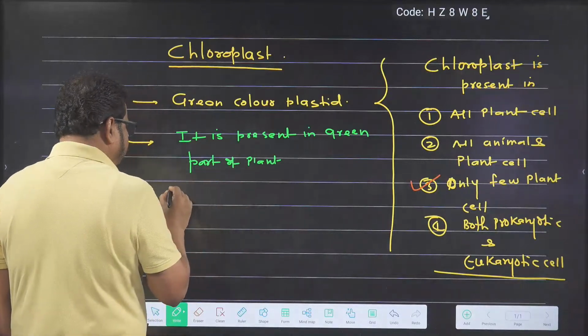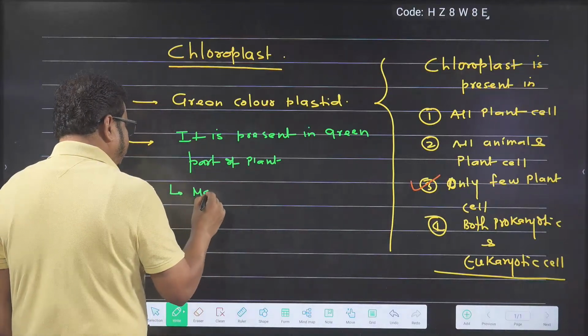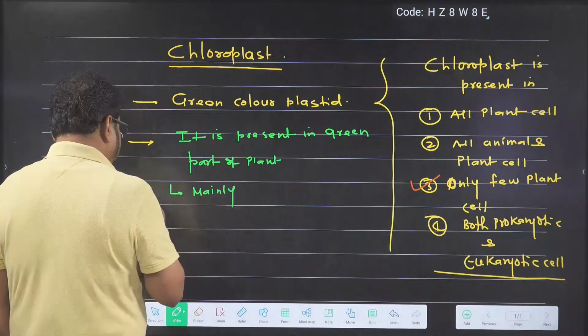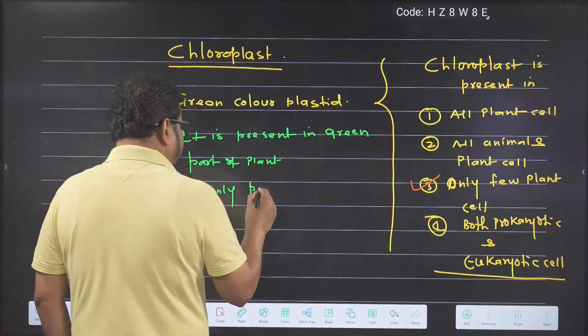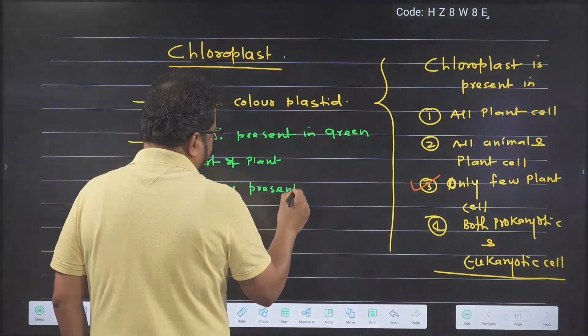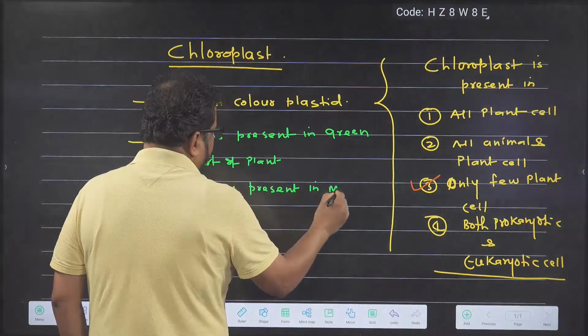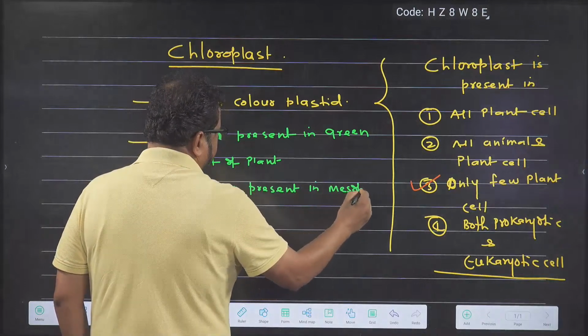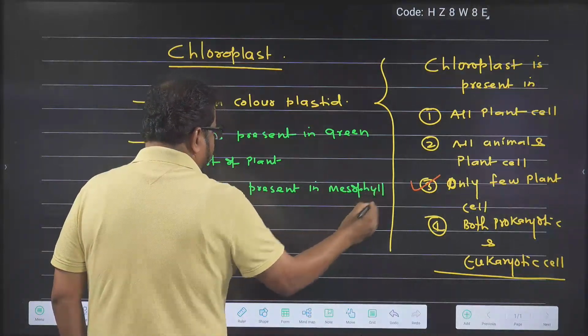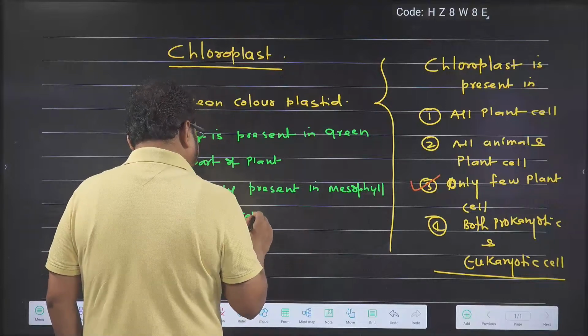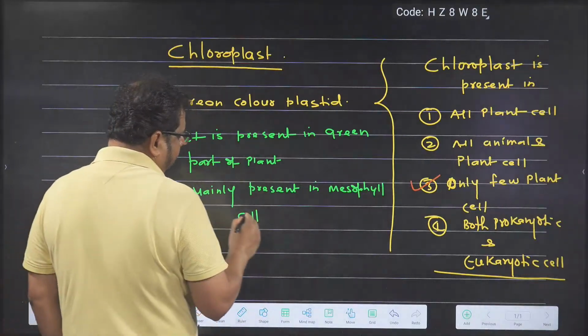An example I am writing: it is mainly present in the mesophyll cell of the leaf. What is mesophyll cell? You will understand later when we discuss anatomy.